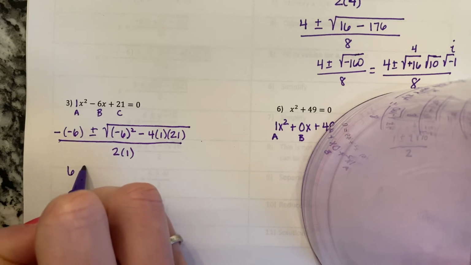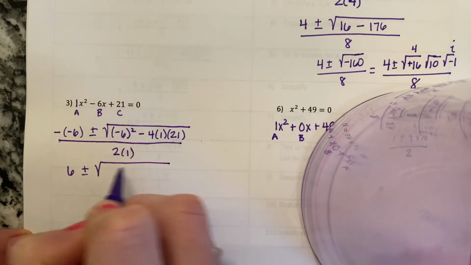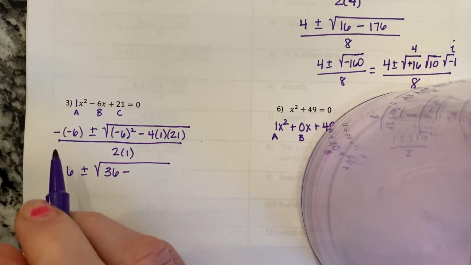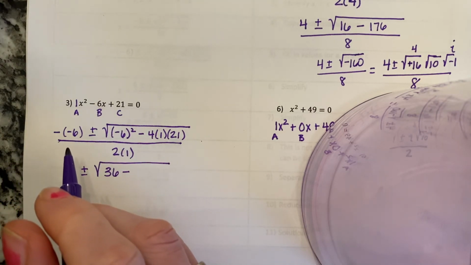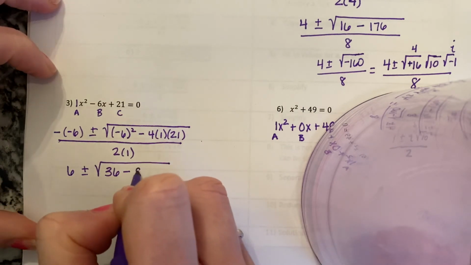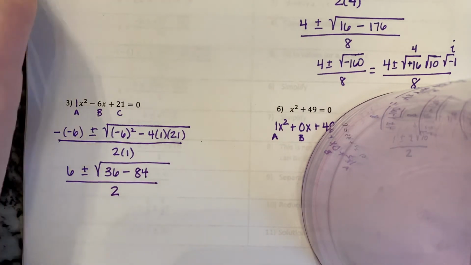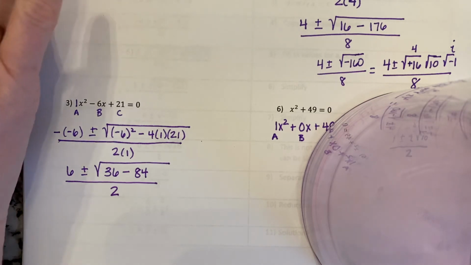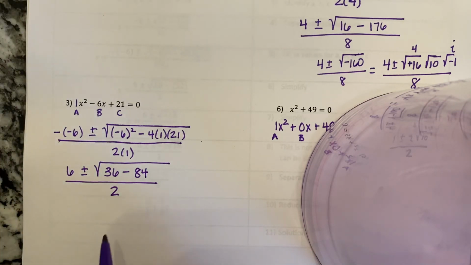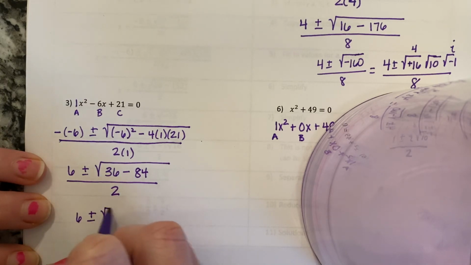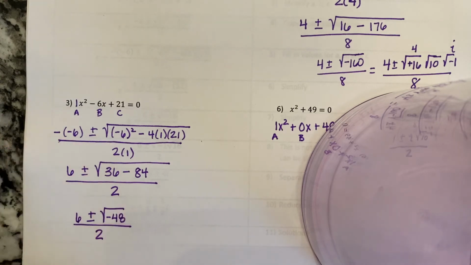You get 6 plus or minus the square root of 36 minus 4 times 21, which should be 84. All over 2. All right, 36 minus 84 gives you a negative 48. So you get 6 plus or minus the square root of negative 48 all over 2.